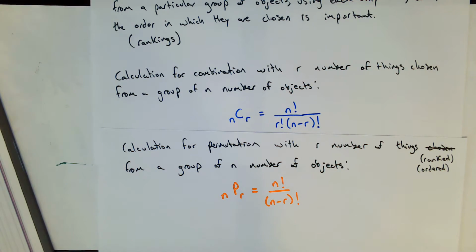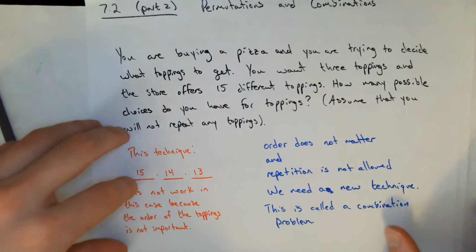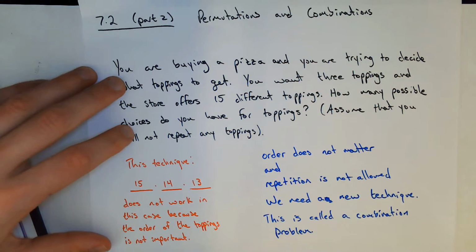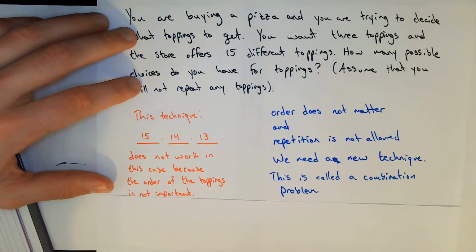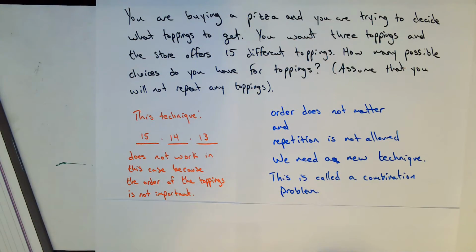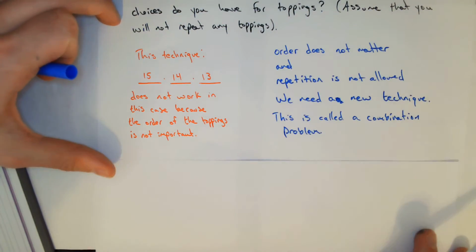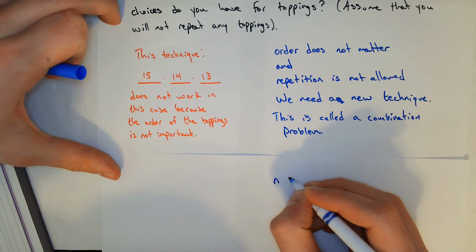So let's now go back to the previous problems and actually solve them. Okay, so we have this pizza problem. We now know that we are taking 15 things and we're choosing 3 from the group of 15. So, recalling that this technique was not right, what do we actually get?